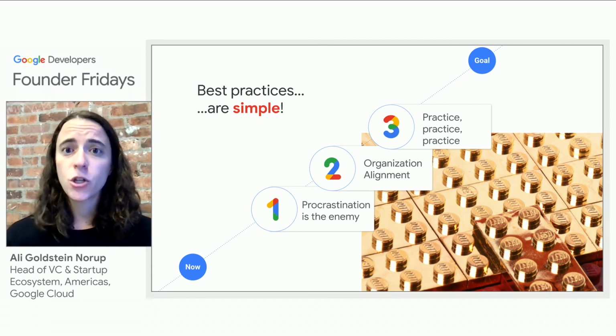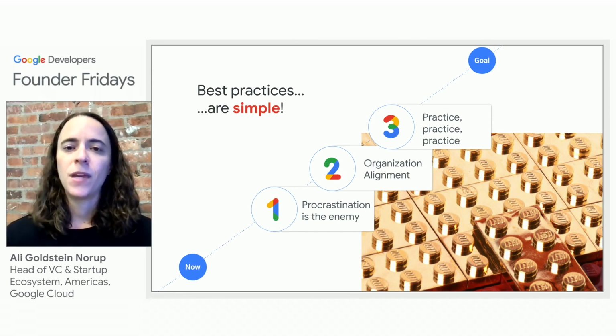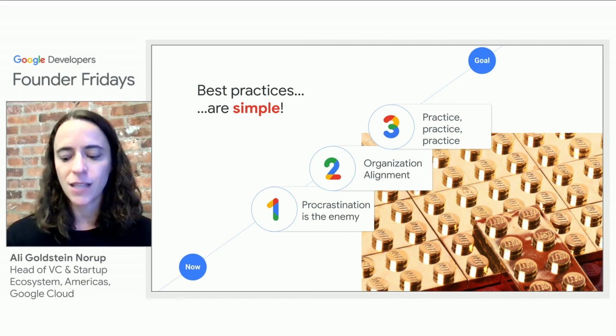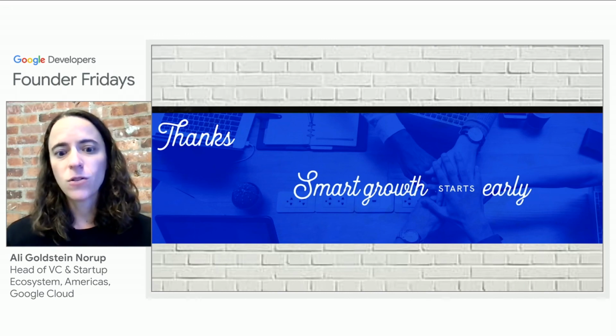You're going to want organizational alignment, so share those KPIs with your key stakeholders and make sure you're practicing. Practice does make perfect, but more so, as we said earlier, make sure you're able to align your entire organization and your extended stakeholders all the way through.